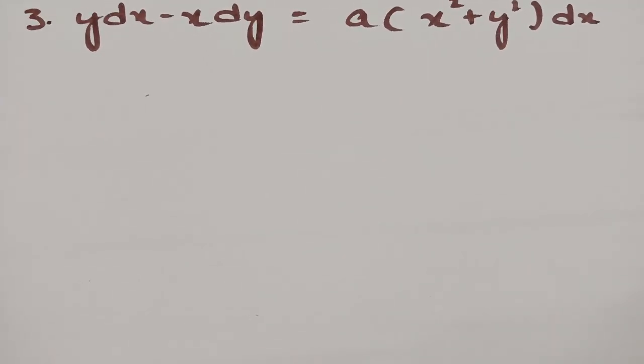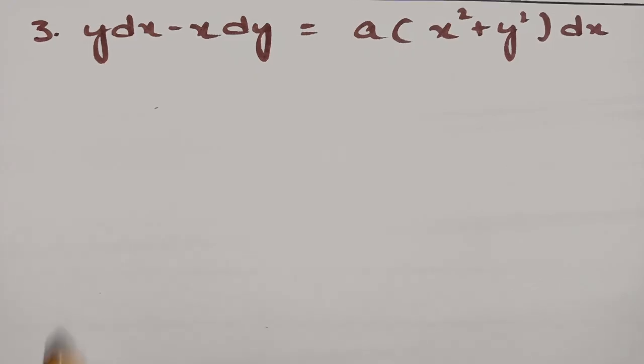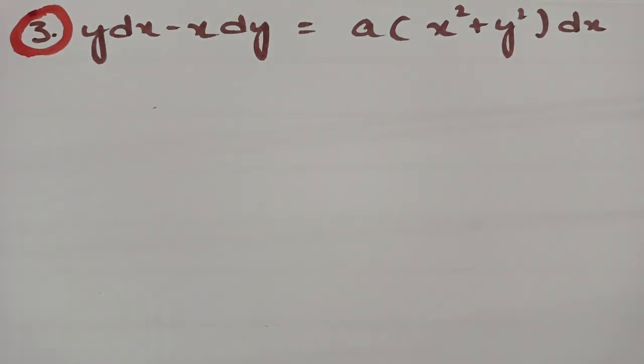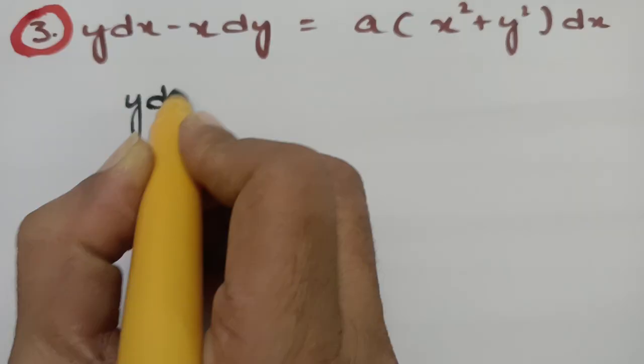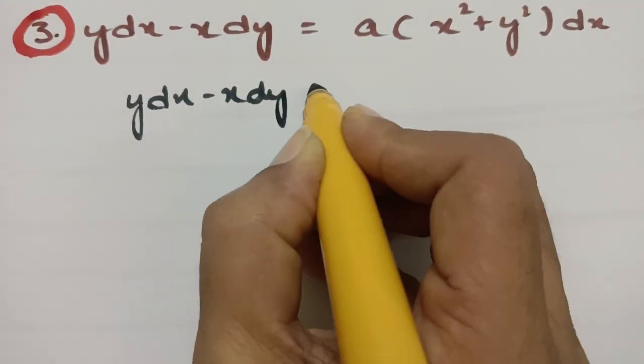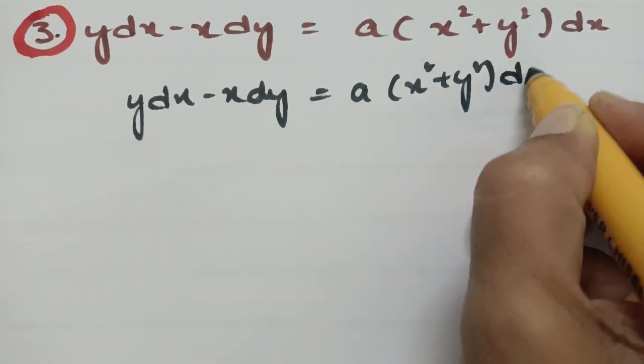And the next question here is also so simple. That is y dx minus x dy is equal to a times of x square plus y square. In order to get the solution for the third question, see what I am going to do. This is y dx minus x dy is equal to a times of x square plus y square into dx.